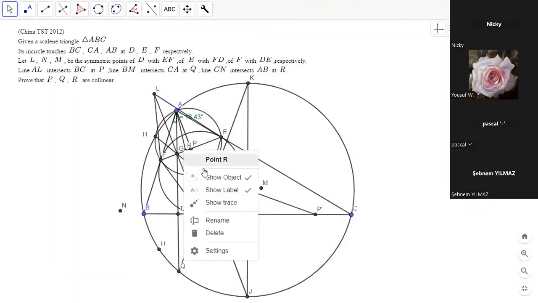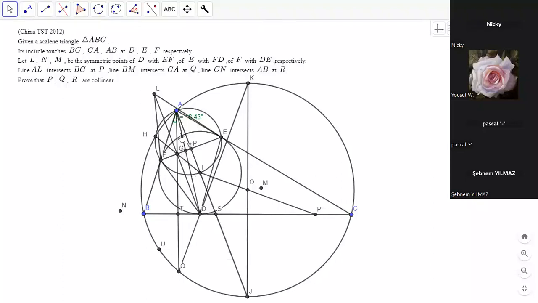Let's call it V. So B, T, D, S is F, G, V, E. And then we could project those through D onto the circle. I don't know if that helps. Maybe onto the line AI. Yeah. Then we get the Iran lemma and one point at infinity.